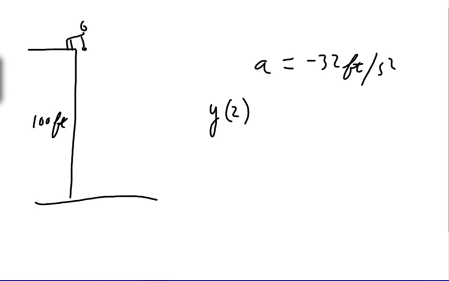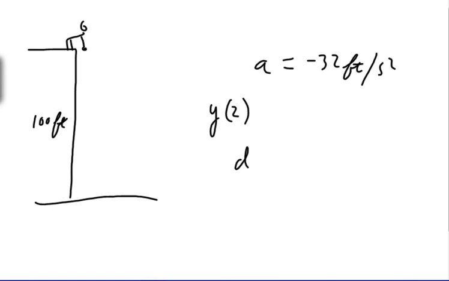It's dropped from a height of 100 feet. The acceleration is minus 32 feet per second squared. Find the distance the stone drops after 2 seconds. All right, so I want to find y of 2.